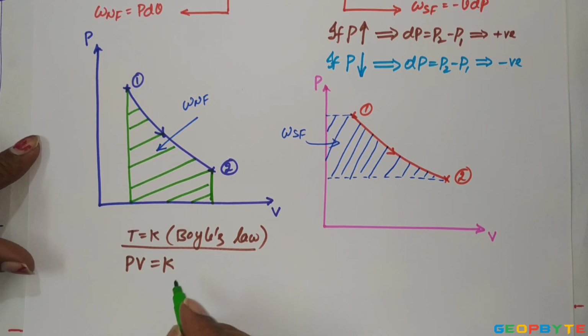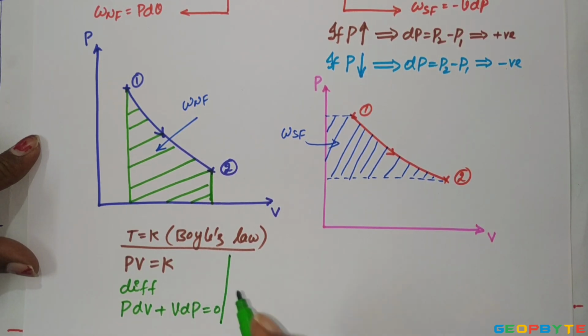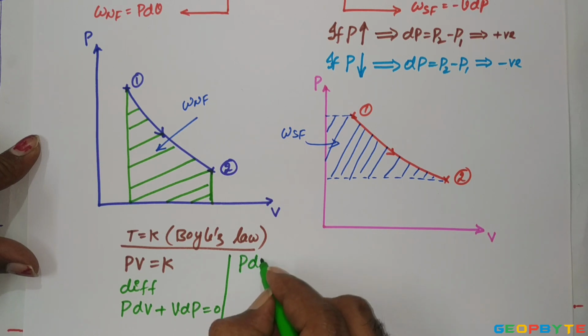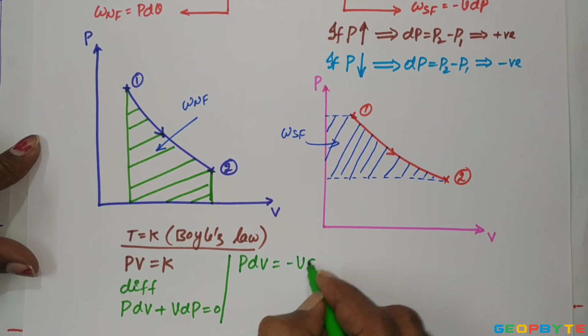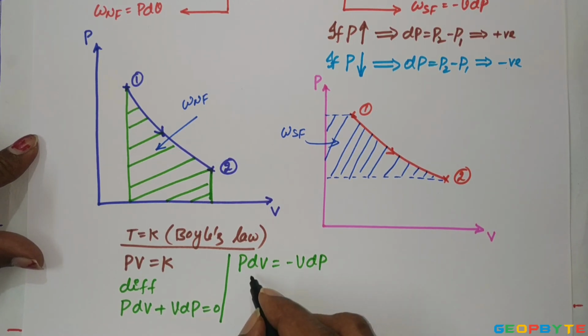Since the product of pressure and volume is constant, if I differentiate on both sides, you get PdV plus VdP is equal to 0. From this I can also write PdV is equal to minus VdP. Look at the last relation: PdV equal to minus VdP.